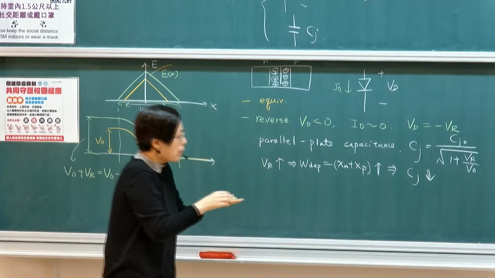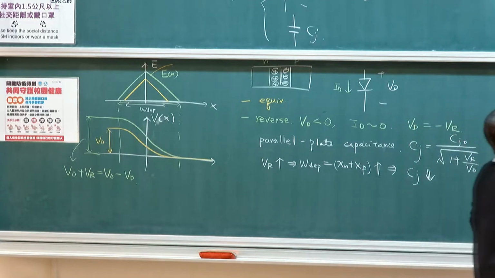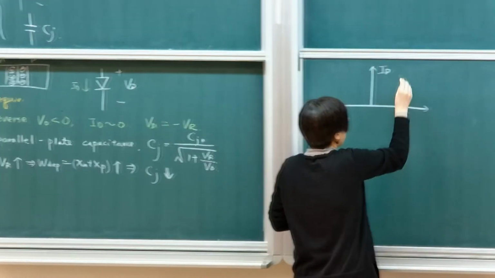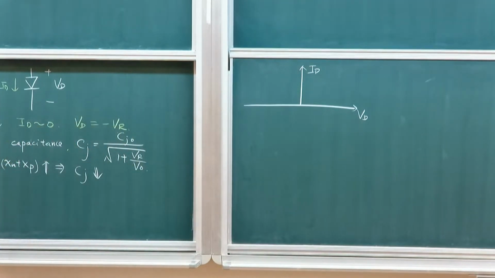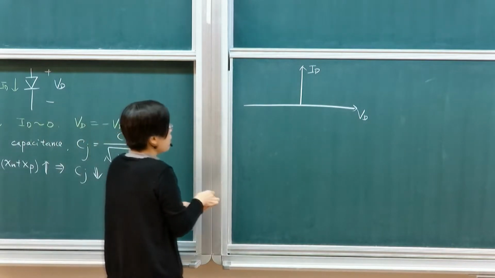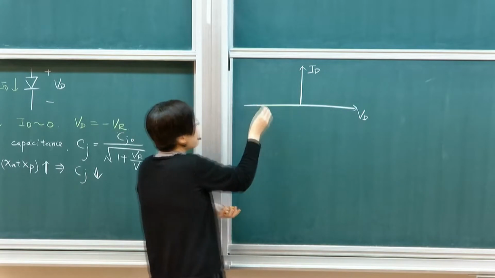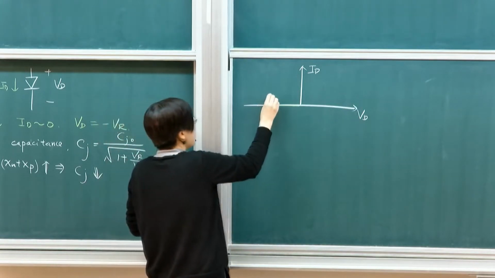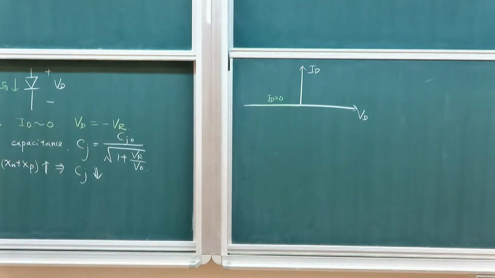Under reverse bias, if you measure a diode by applying a diode voltage and looking at its reverse bias characteristic, you expect it will look something like this. It will be almost zero current. I already said that because there's no diffusion. You inhibit diffusion by creating a large barrier, but there's no carrier even with this large electric field.